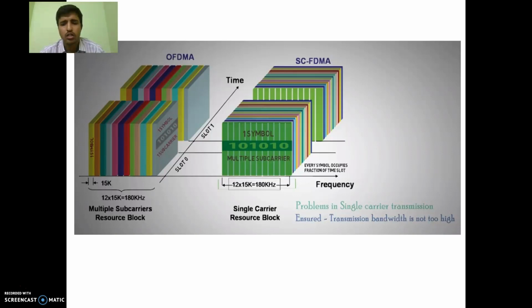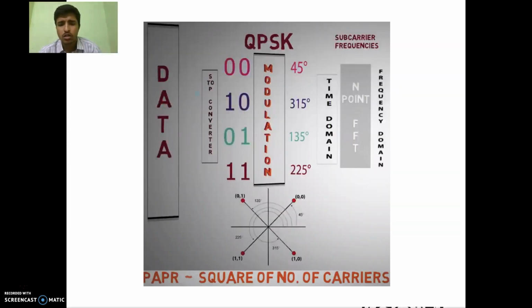In short, SC-FDMA is a single carrier system with short symbol duration compared to OFDMA. To achieve this, SC-FDMA introduces an N-point FFT block right after the serial to parallel converter in the OFDMA structure. The FFT block converts the parallel sequence of symbols in the time domain to different frequency points.